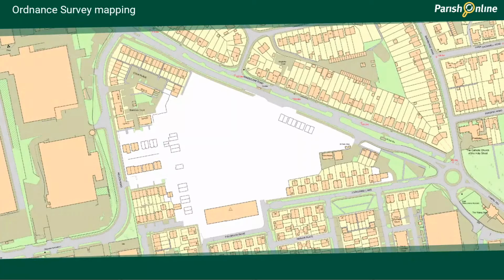And the differences that you'll get when you see those updates. Here's an example of one. This is actually in Basingstoke, in the town where Parish Online is based. And you can see there's a new development here, and the white space in the middle, if you see white space in the pastel version, it's usually where there's a development ongoing. And so they haven't put any detail in there because it's going to change very quickly.